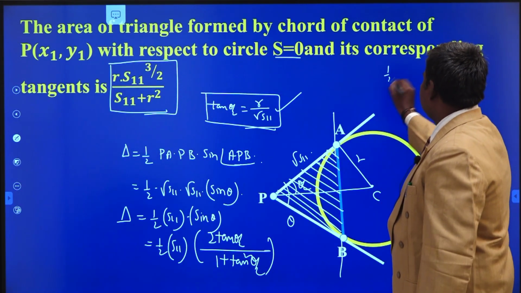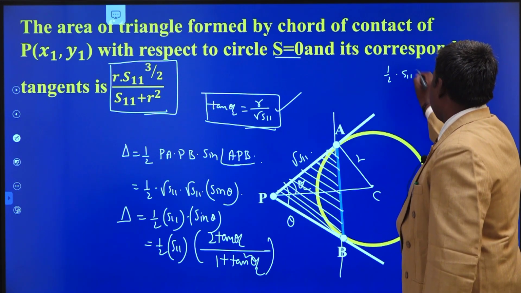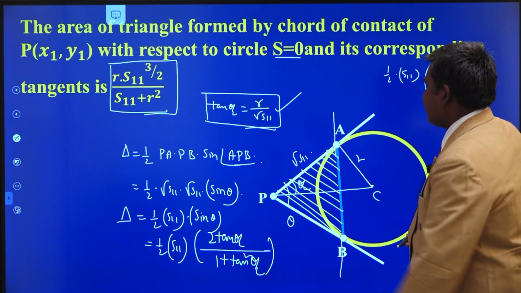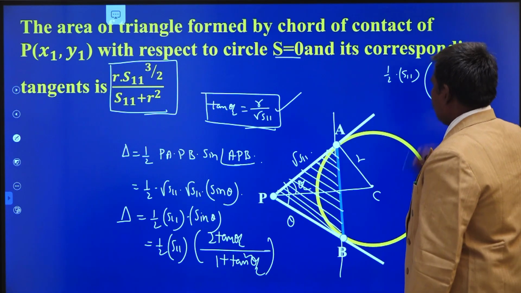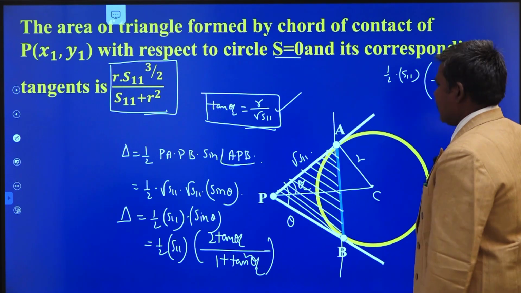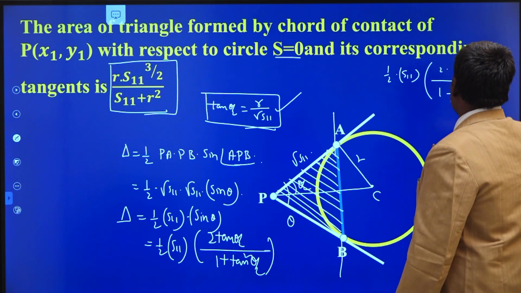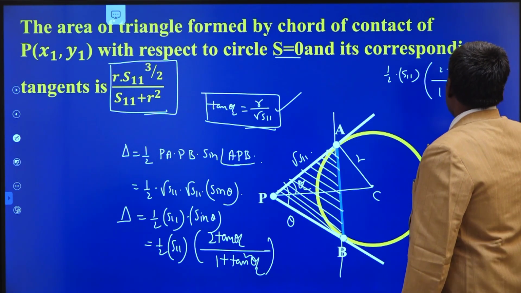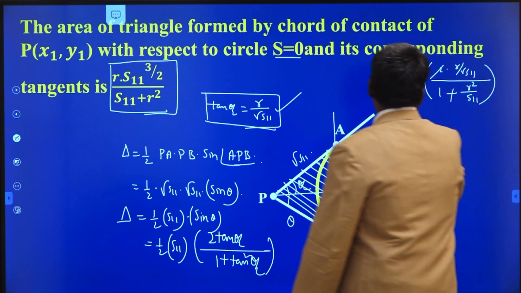So half of S11 into, what is tan theta by 2? R by root S11. 2 into R by root S11 whole divided by 1 plus tan square theta by 2, that is R square by S11. 2 gets cancelled.